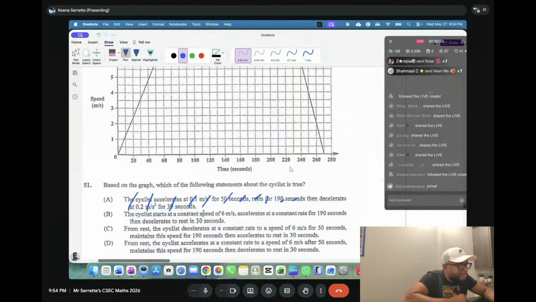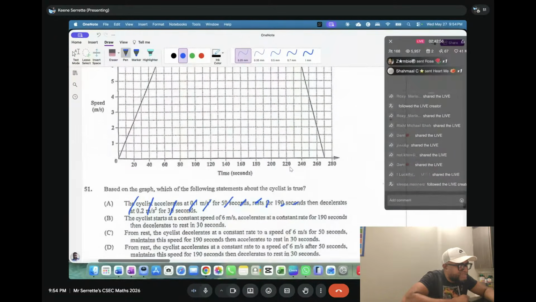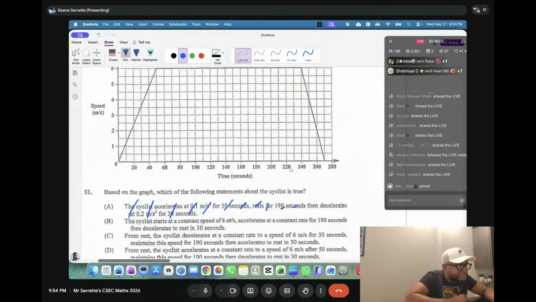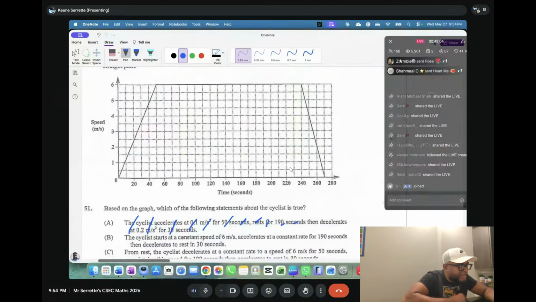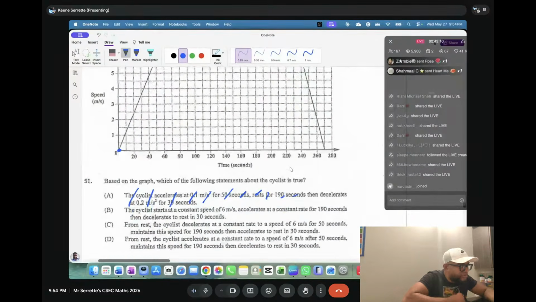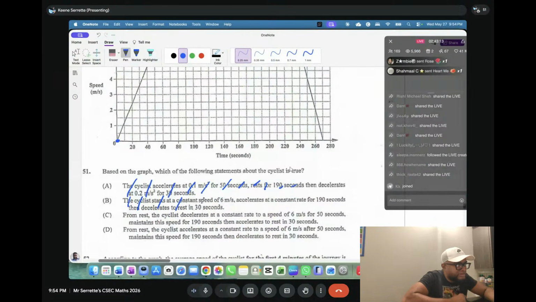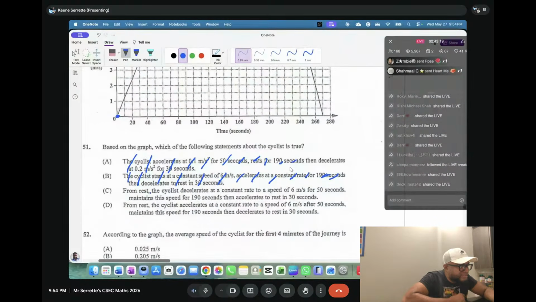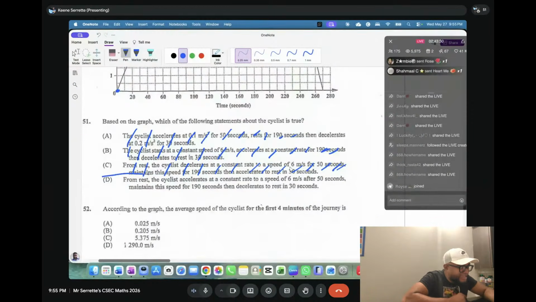The cyclist starts at a constant speed of 6 meters per second? No, I start at rest. Partner, that's wrong. From rest, right? Now we start to talk business. The cyclist never decelerates, partner. The cyclist accelerates. Right? So I didn't even read the rest. I don't have time to read that.